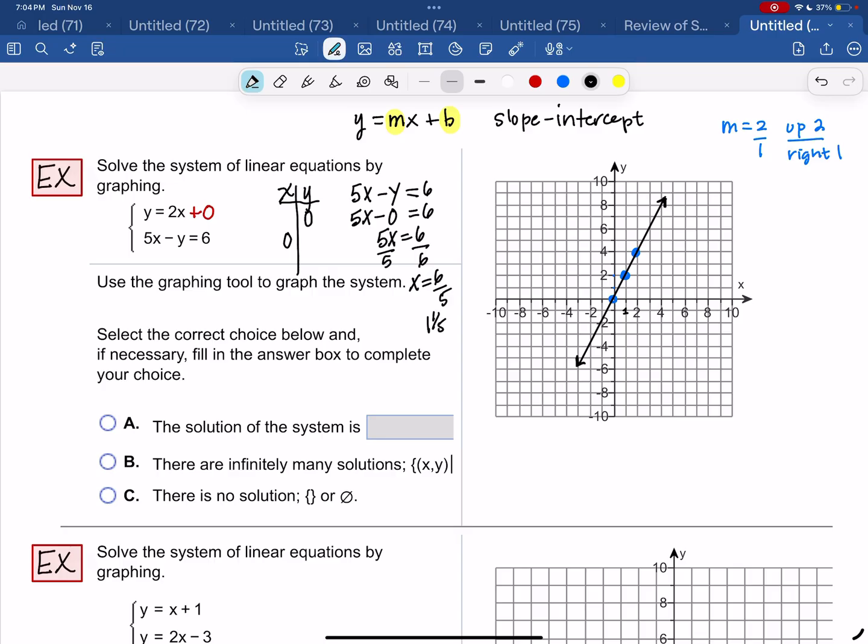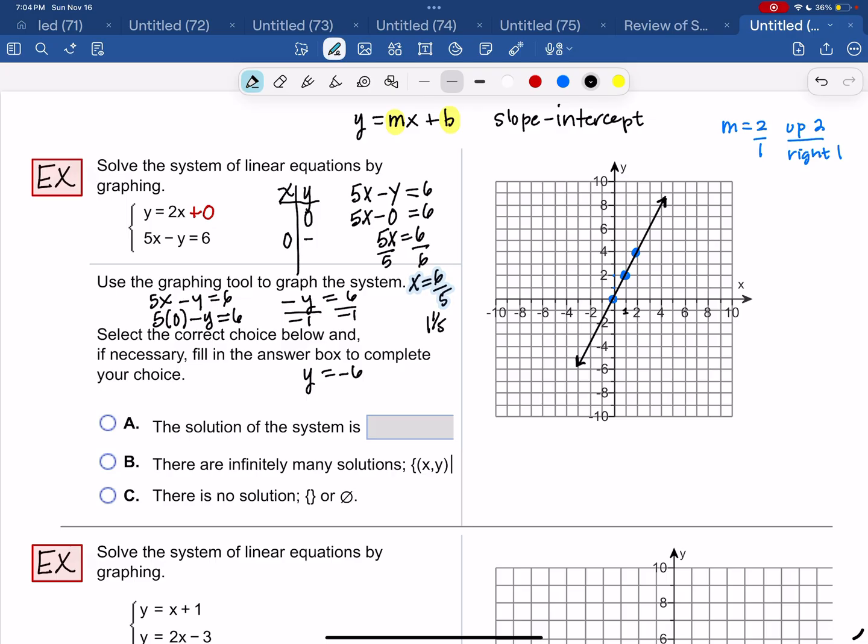Let's go ahead and do the x is 0 and see if we can find the y-intercept that's not a fraction. So I have 5x minus y equals 6. 5x will be 5 times 0 minus y is 6. Now that gives me negative y is 6, but I need y, so I divide by negative 1, and I get y is negative 6.